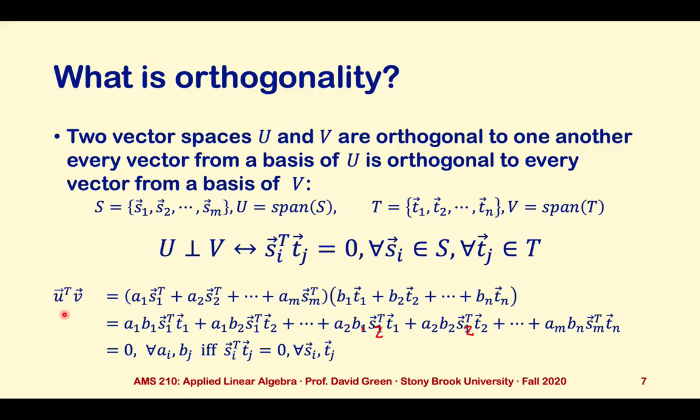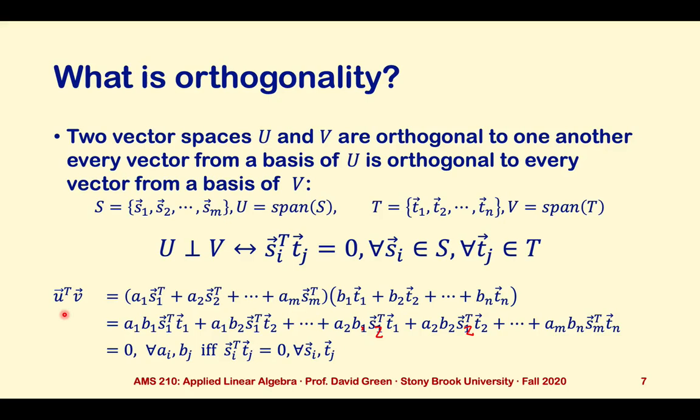So this actually gives us now a tool that we can use to evaluate the orthogonality of two vector spaces. If we have a basis for one and a basis for another, we can simply evaluate the dot product of each basis vector against each other basis vector and show that they are 0 or not.